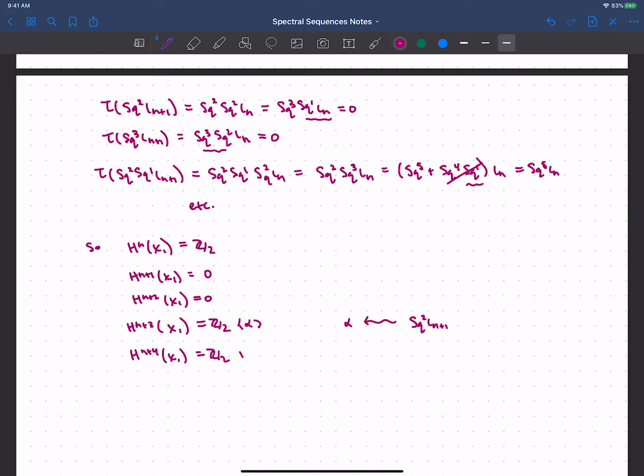So that's Z mod 2 direct sum Z mod 2. And those things came from Sq4 iota n, that was something from the base, and Sq3 iota n plus 1, that was something in the fiber, and of course Sq1 Sq2 is Sq3, so there's a Sq1 connection here, in a sense.